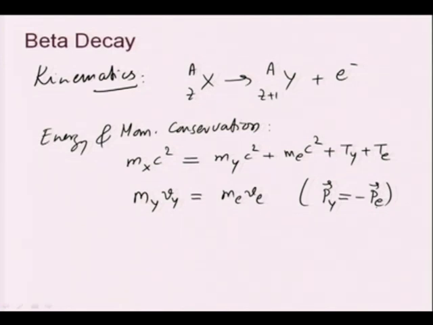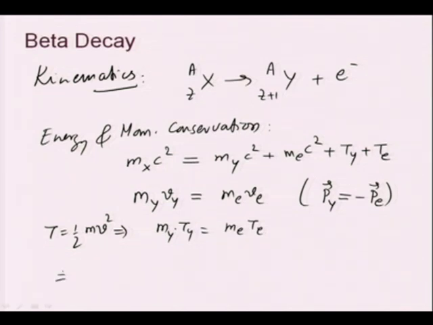All right. And this in turn can be written in terms of the kinetic energies. The momentum conservation will tell you that T is equal to half m v square. So, m y v y square, you can square this and then there will be 1 over m y, and T y m y is equal to m e T e.